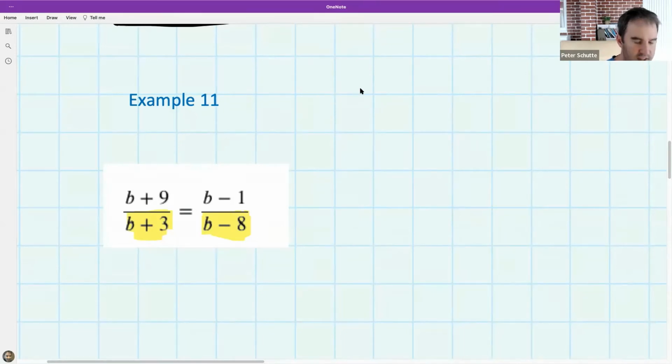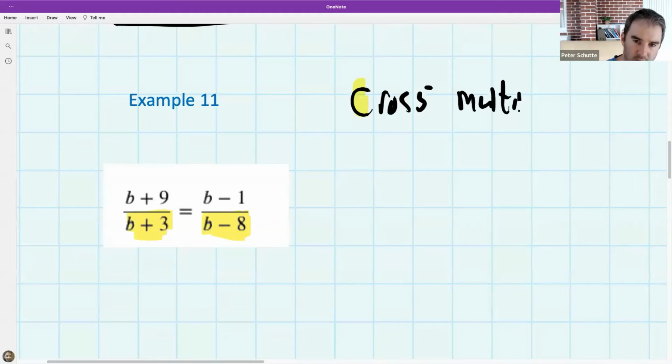Exactly. So this idea of multiplying. What I often like to think about, although, is I find basically a common multiple of denominators.